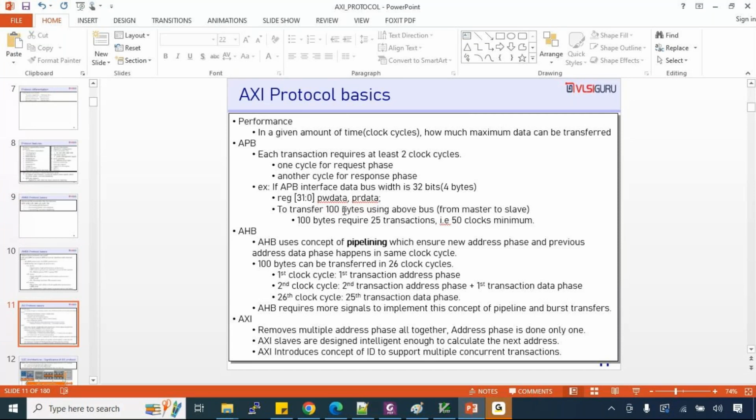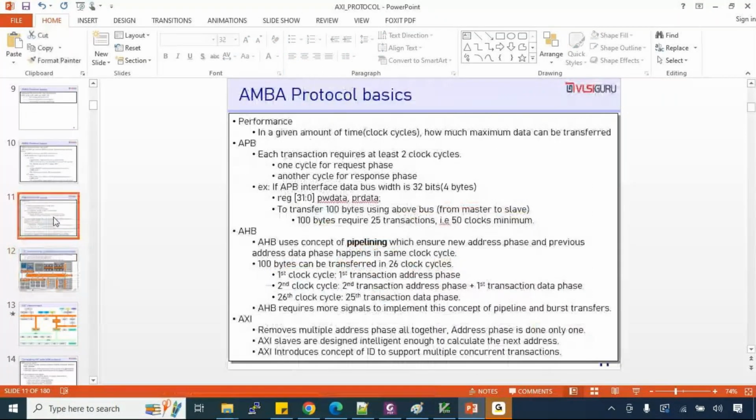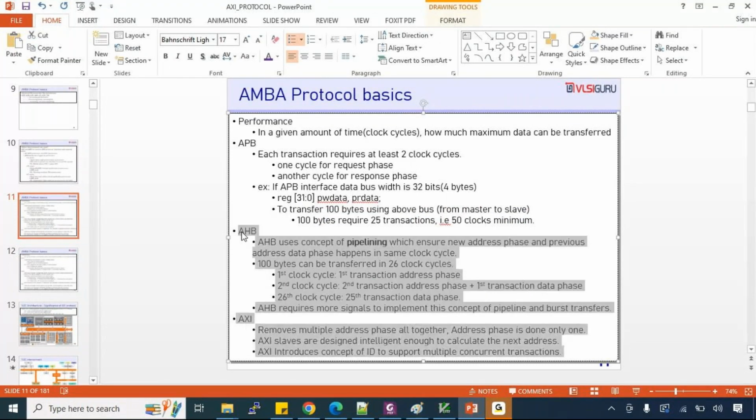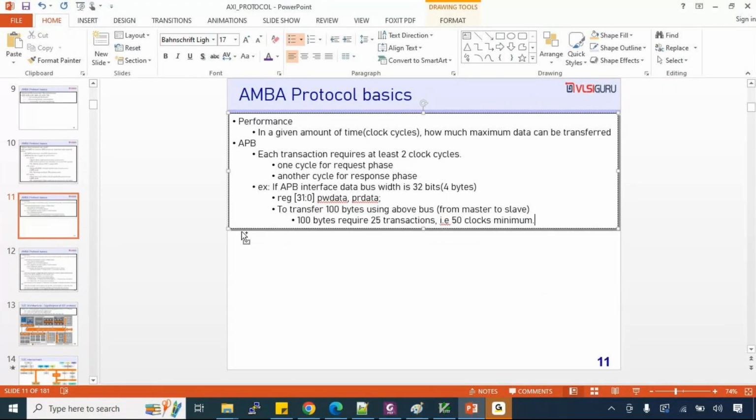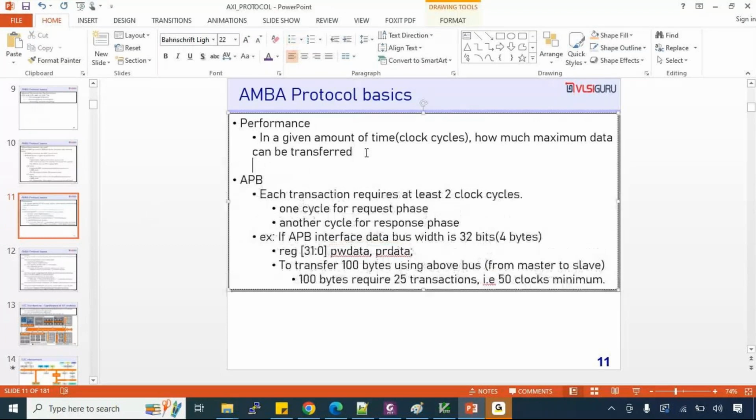Okay, so first let's start again with AMBA protocol basics. First, how do we differentiate the protocols?